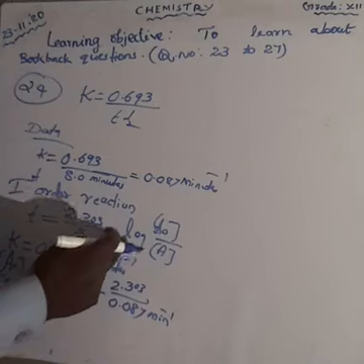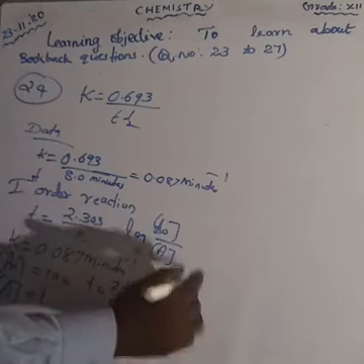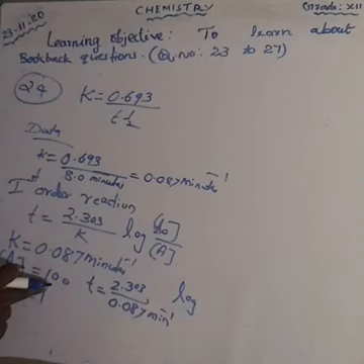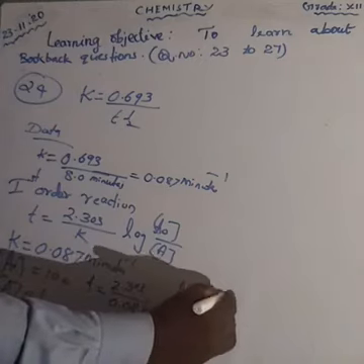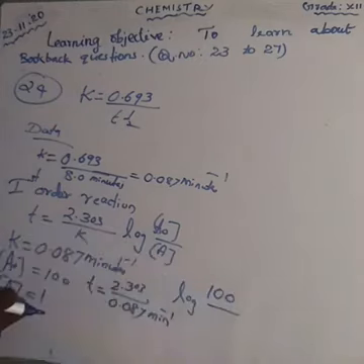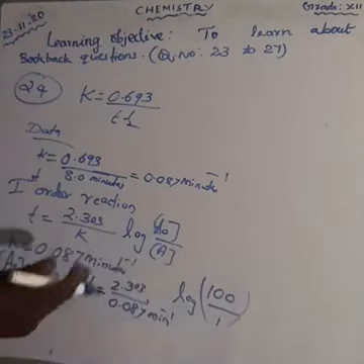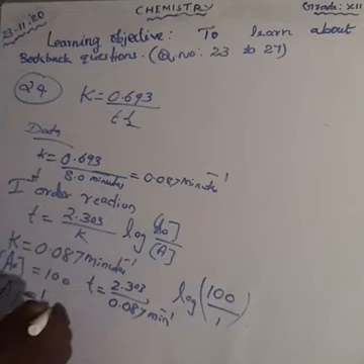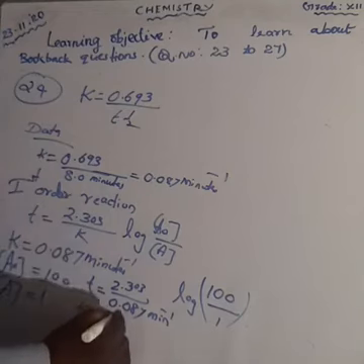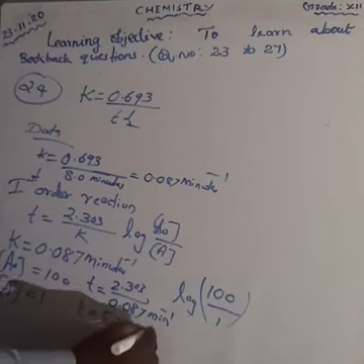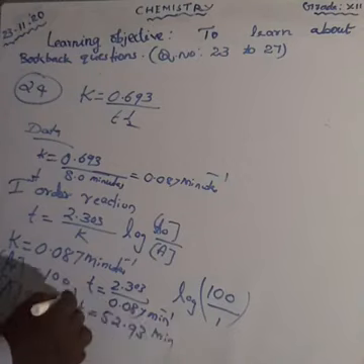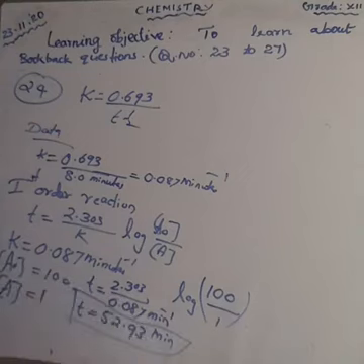And log of A naught, which is 100, divided by A, which is 1. Substituting this, T is equal to 52.93 minutes. This is the calculation of T for the 24th question. Please all of you take this question.